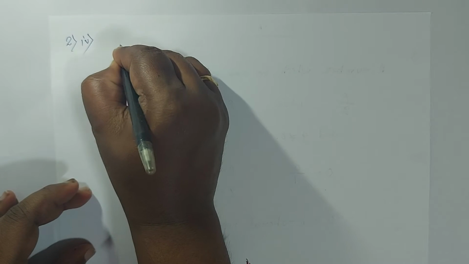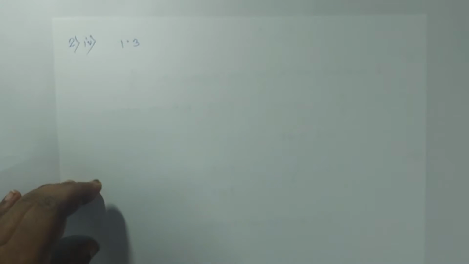Let's solve this. Represent the following rational number 1.3 on the number line. Now we need to represent this rational number on the number line.